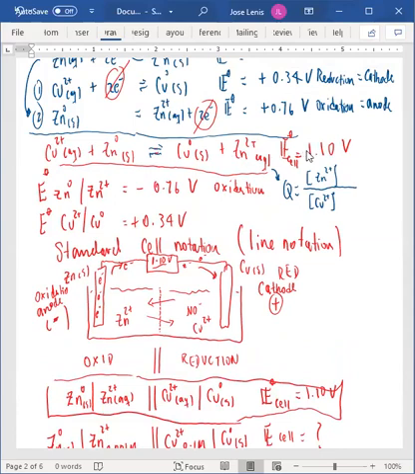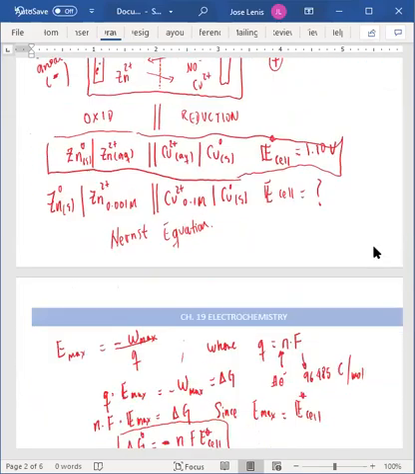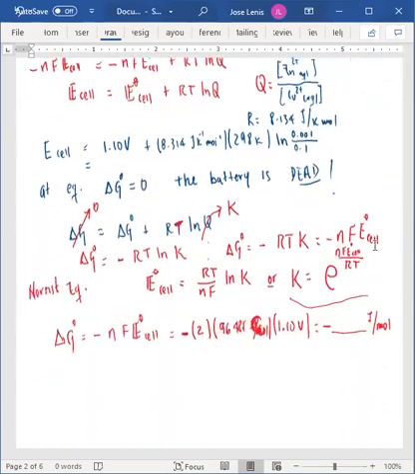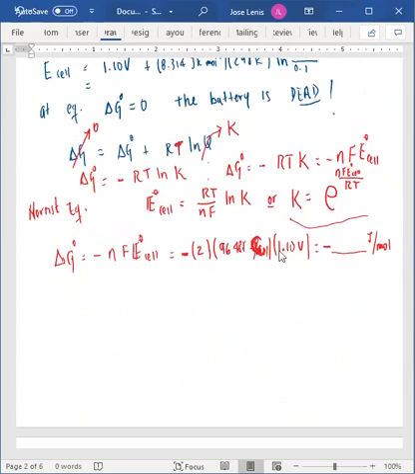So if for some reason the potential of the cell becomes negative, you are in trouble. Because once you plug that negative here, negative times negative is going to give you positive free energy. Meaning what? The reaction will be not spontaneous, and so the battery won't work.